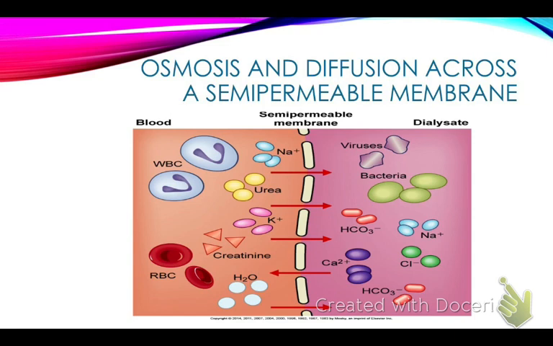So let's talk a little bit about osmosis and diffusion, because that is the process that occurs. Diffusion is basically movement of solutes, from a greater concentration to a lesser concentration. That occurs during dialysis as the substances of low molecular weight pass from the dialysate into the patient's blood.